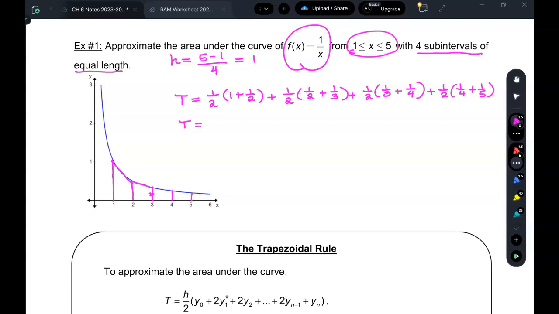H over 2. Okay, we get 1.683. Sound right? Good.